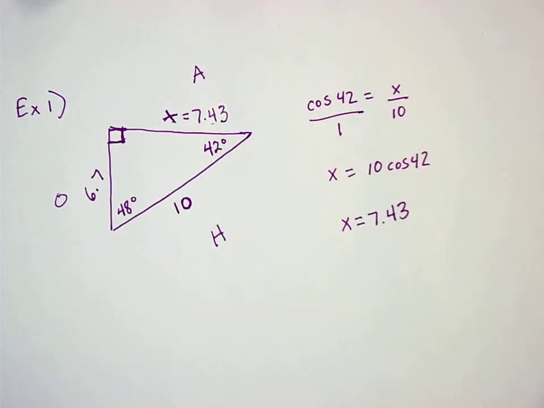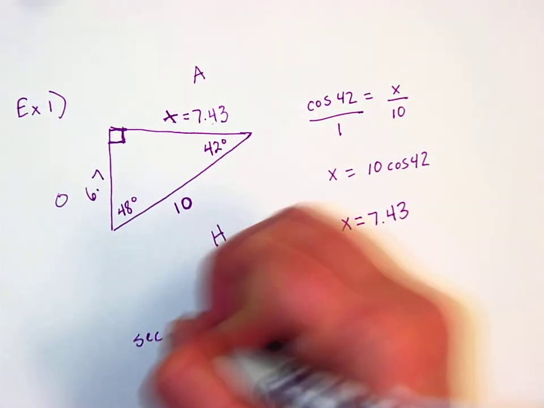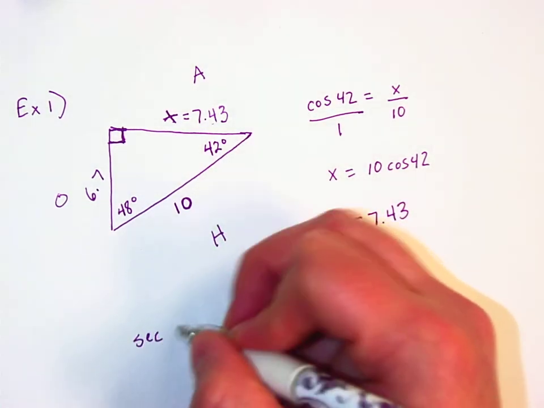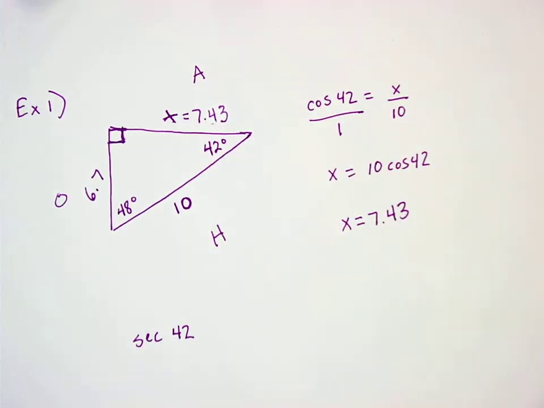So now let's talk about what if I had said, what is the secant of 42 in this triangle? What would you guys do? Somebody want to unmute and talk to me about it?